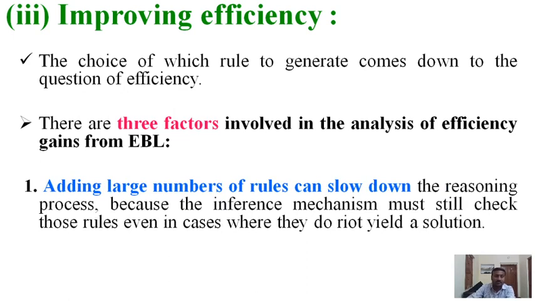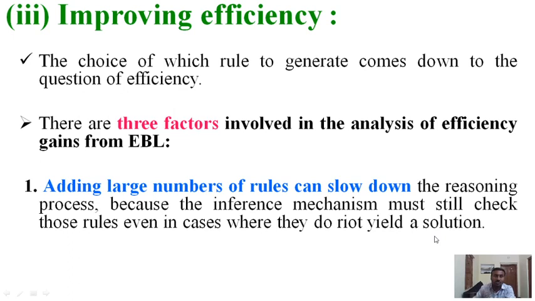One is adding a large number of rules can slow down the reasoning process. When you add a large number of rules, it automatically slows down the reasoning process, because the inference mechanism must still check those rules even in cases where they do not yield a solution.